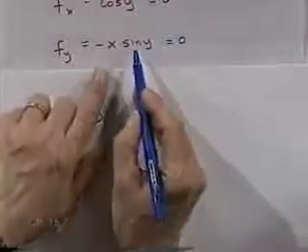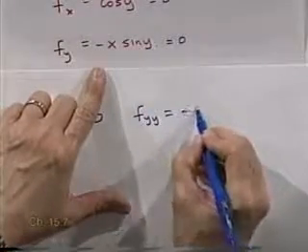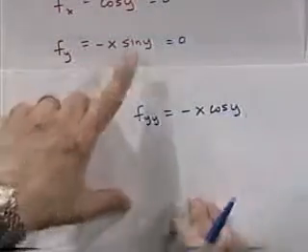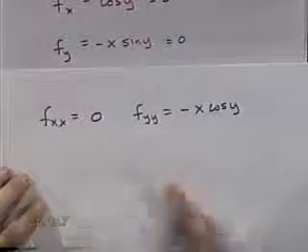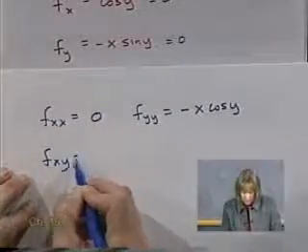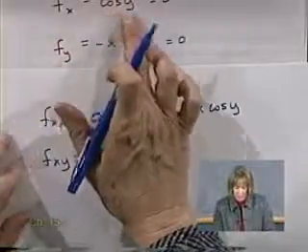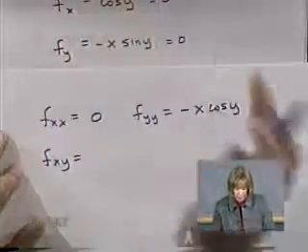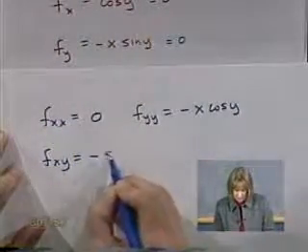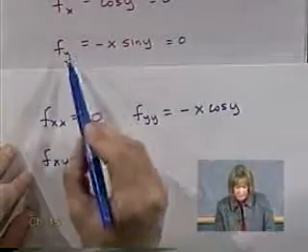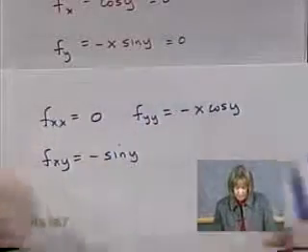Partial of this with respect to y, well, the derivative of cosine y is minus sine y, so we'll have minus x cosine y, because the derivative of sine is cosine. And fxy, we take the partial with respect to y, differentiating this with respect to y, we get minus sine y. Notice fyx will give you the same thing. If you differentiated this with respect to x, you'd get minus sine y.